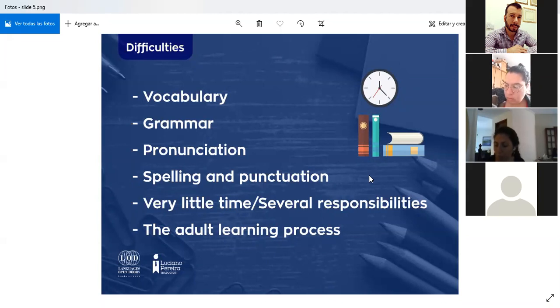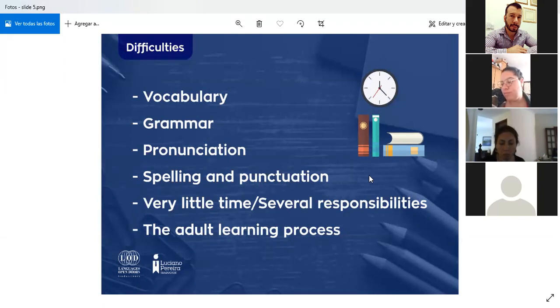Because we know that when the child grows up, he starts losing the plasticity of his brain. But this doesn't mean that the adult is unable to acquire a new language. This only means that he learns differently.